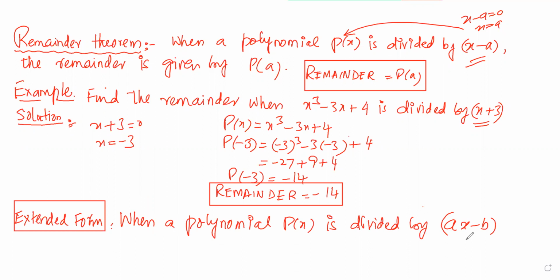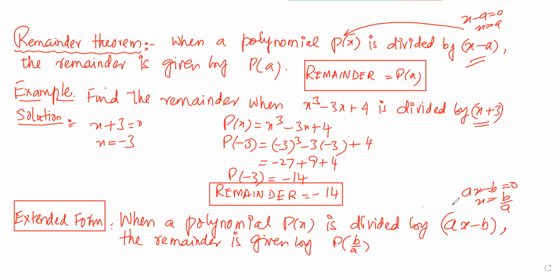When p(x) is divided by ax minus b, the remainder is given by p(b over a). The same approach: from ax minus b, find the value of x by equating it to 0, and then using this value in the dividend, we get the remainder. So the remainder is given by p(b over a).